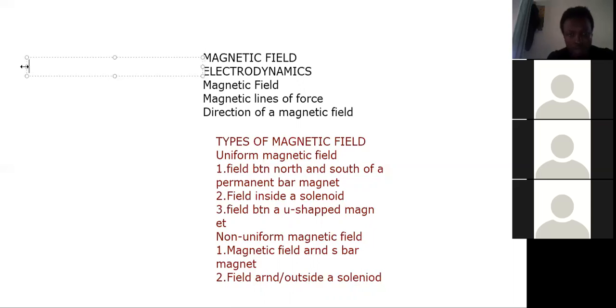Okay, so let's move straight on. From here we are going to talk about magnetic flux and flux density.